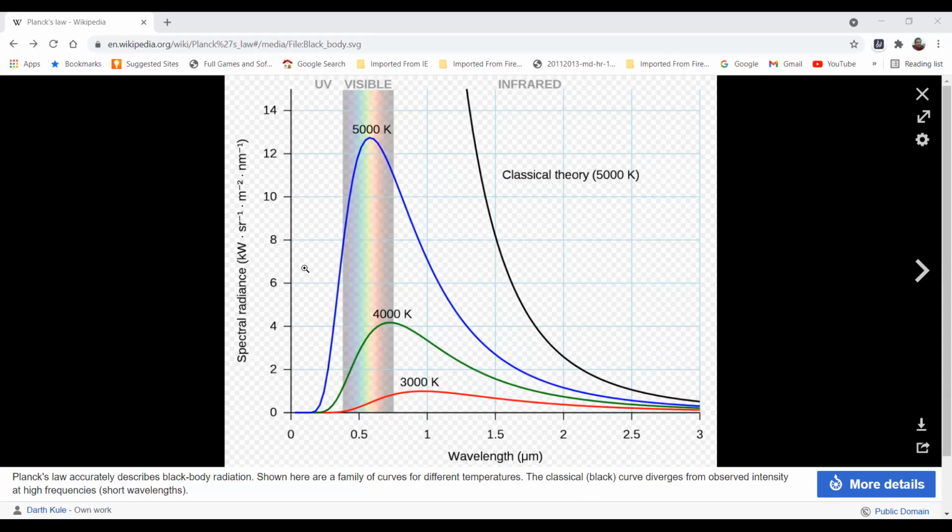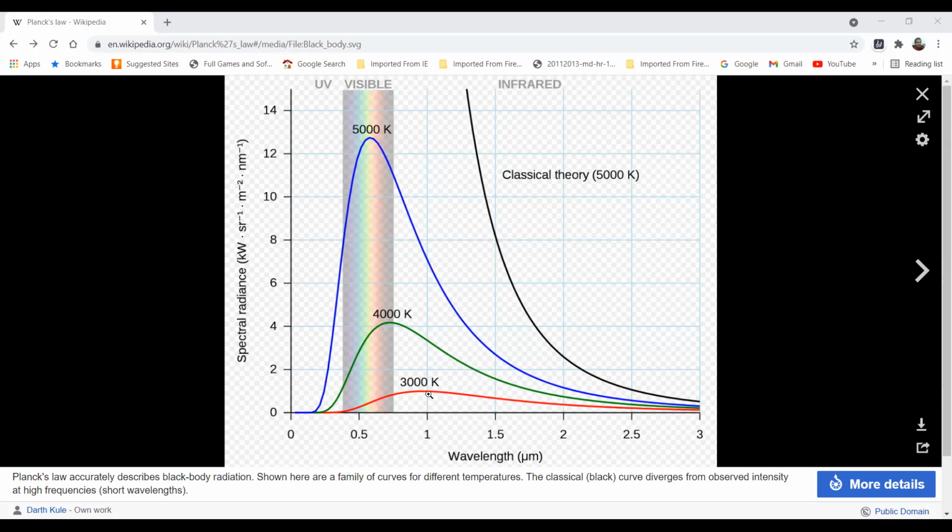So Planck's law of radiation gives you the energy density emitted by the body as a function of wavelength. But classical theory gives you this particular curve, so that cannot explain the experimentally observed facts. But quantum mechanics, otherwise Planck's law of radiation, explains the experimentally observed curve corresponding to the black body.